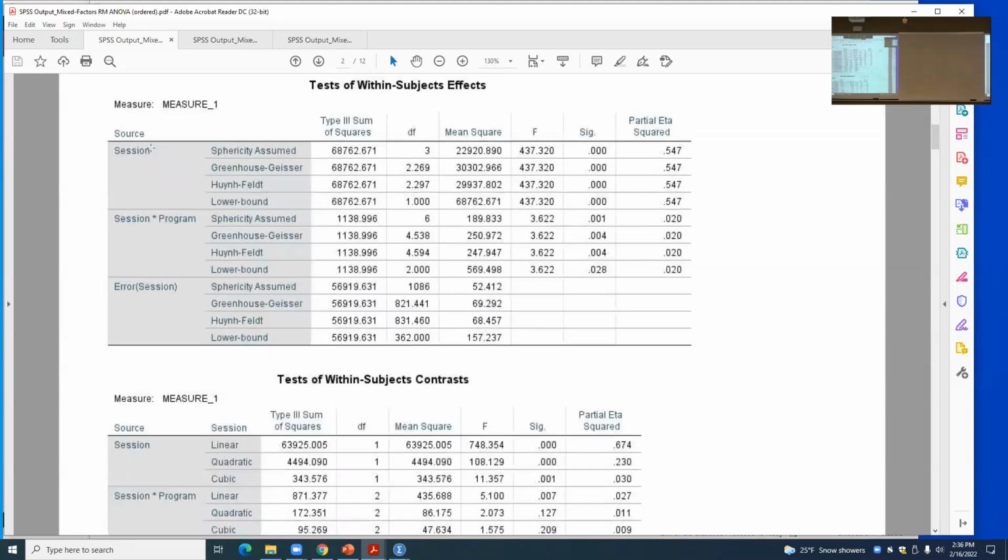So what is this first effect in my test of within subjects effects? What is this first session effect telling me? I'm so sorry, I can't see it. Okay. Basha, you look like you want to tell me. What is it?